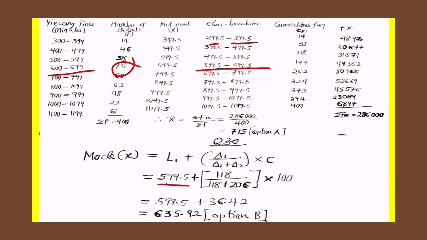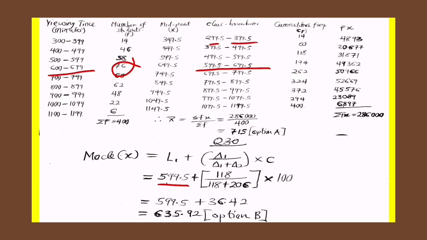That gives the cumulative frequency before the modal class, which is 118. Then delta 2 is the 68, 62, 48, 22 and 6, the frequencies after the modal class, and that's why I had 208.